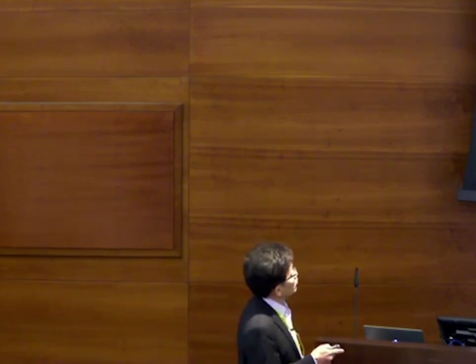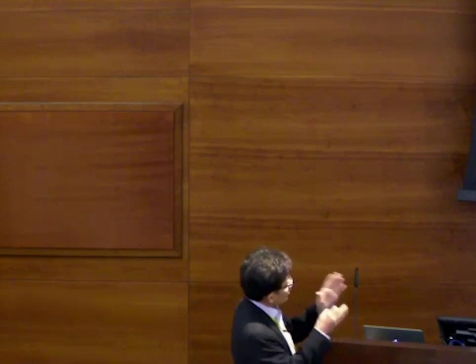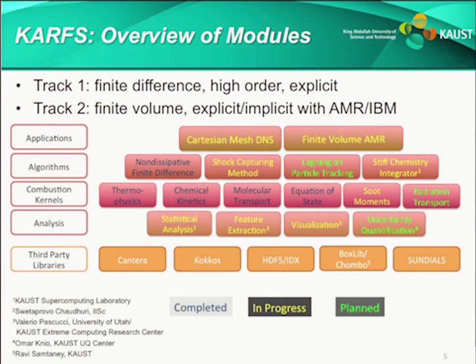Right now, our immediate plan is a 2-track approach. The straight Cartesian mesh DNS, you can think of it as S3D on steroids, except this is completely rewritten in C++ utilizing a lot of these high performance architectures. The black lines are completed and the yellow one is in progress, and we are almost near completion of this rewritten version of the Cartesian mesh DNS.